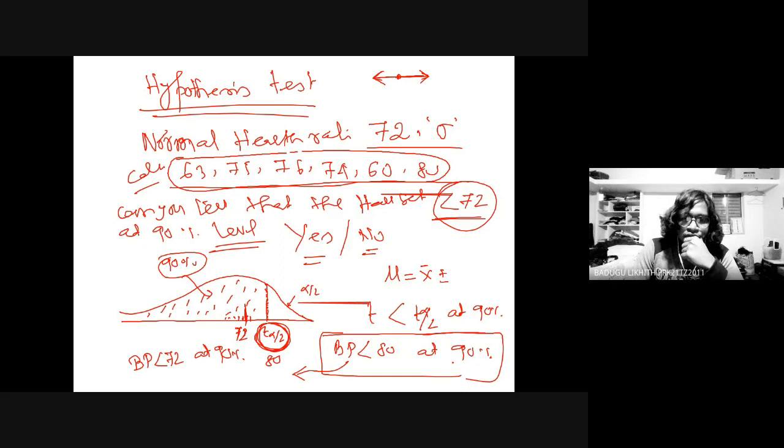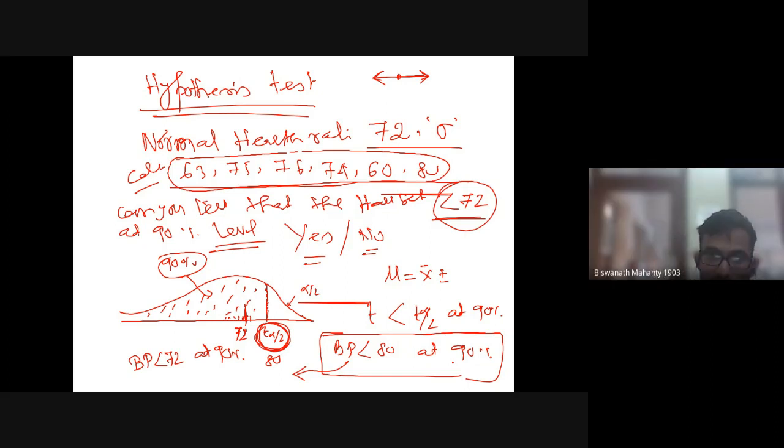No, sir. So same thing. You see, that means I am talking about a lesser value on the left side. That means my hypothesis will fail. If somehow you can guarantee this is achieved, I am getting that at 90%, blood pressure will definitely be less than 80.